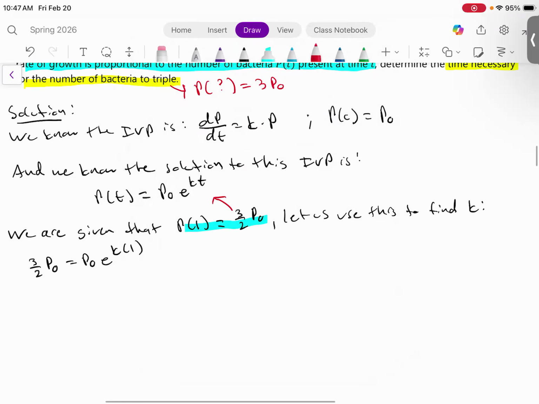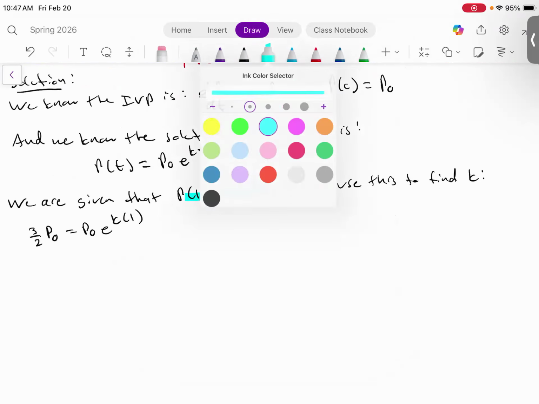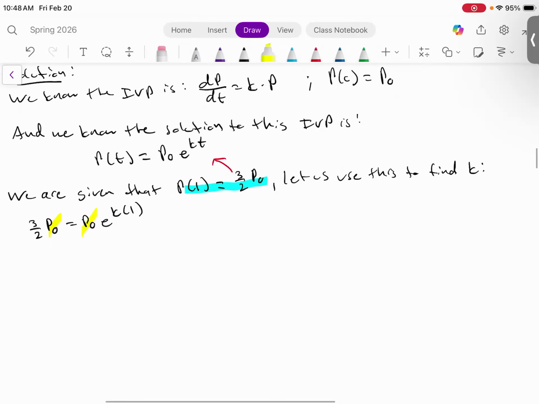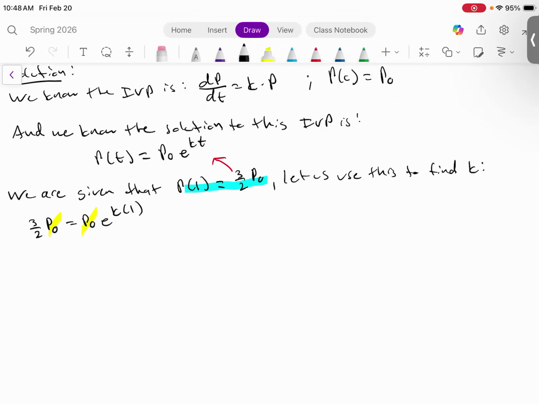Notice that I have P naughts on both sides. It's a constant, or a number essentially, and so I can divide both sides by it and they cancel each other out. So what I'm left with is 3 halves equals e to the k.